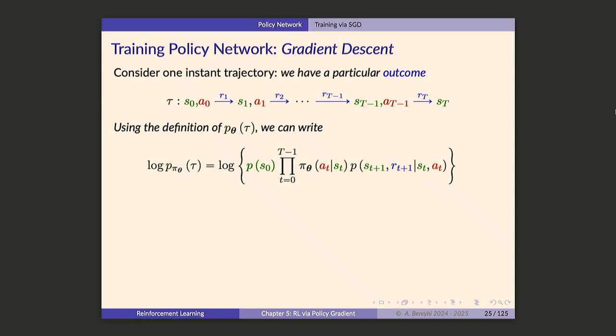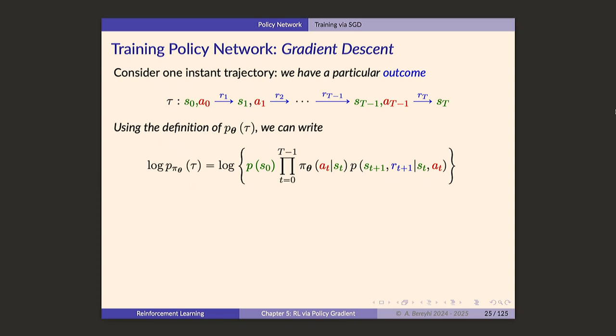This term here is the density of the trajectory: the chance that you start with S0, then pi, the policy plays action A1, and then the transition, then again pi, again transition, and so on towards the end.